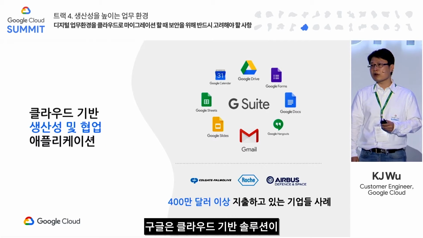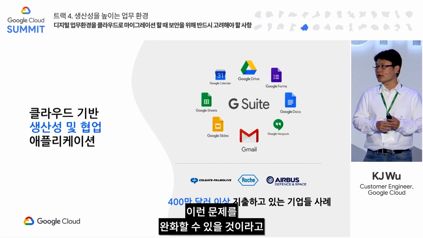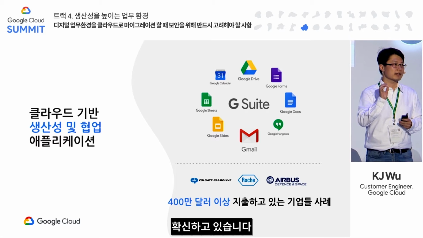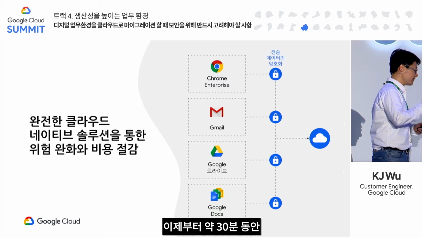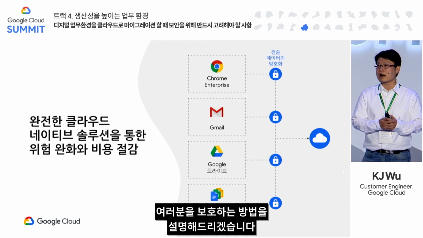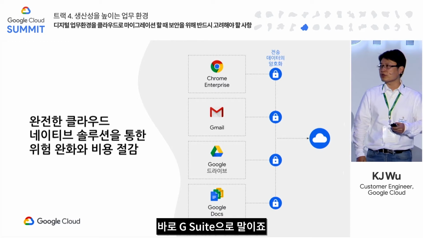So as Google, we believe a cloud-native, cloud-based solution should help you mitigate those problems. How? In the next 20 to 30 minutes, I'm going to show you how we protect you from those attacks. We call that G Suite.